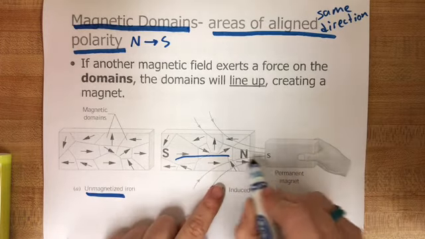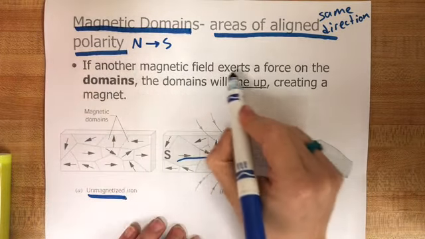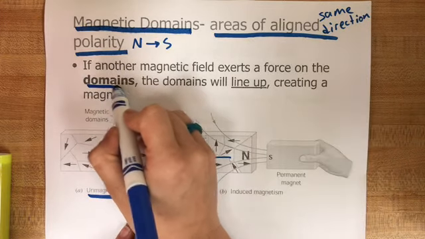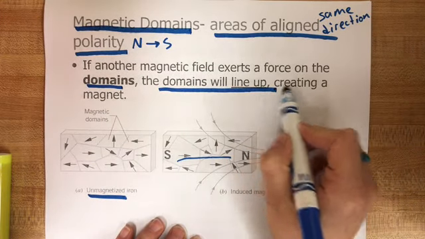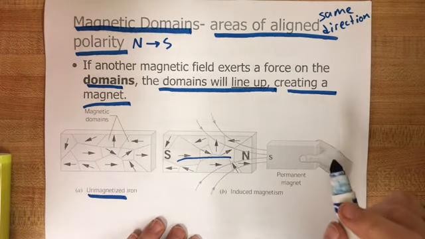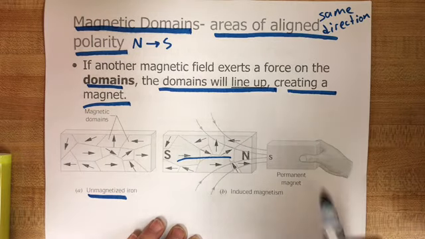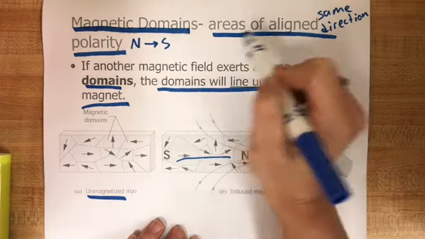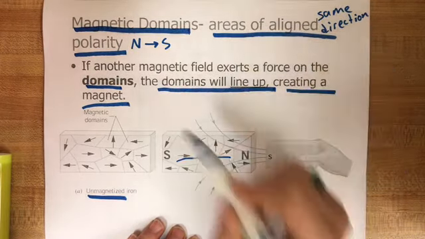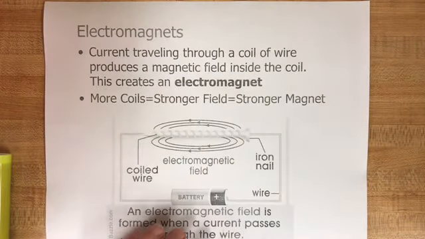Okay, and it would be going this way because that north is there. So if another magnetic field exerts a force on domains, the domains will line up, creating a magnet. And this only works in materials that have magnetic properties. Most important thing on here is that in a magnetic domain, they have to be aligned in order to be magnetic.